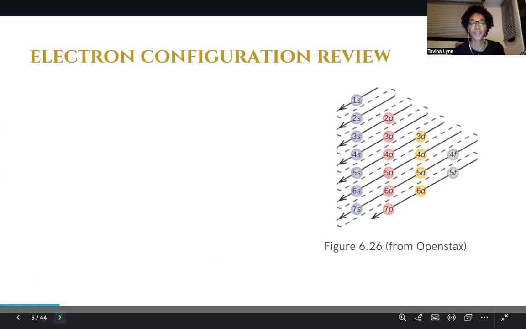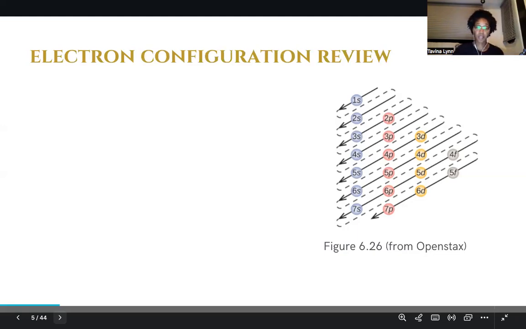Let's do a review of electron configurations. Boom, boom, boom, boom. It's review time. So this picture here is from a figure in chapter 6 of the OpenStax textbook that all of you have been reading all along.